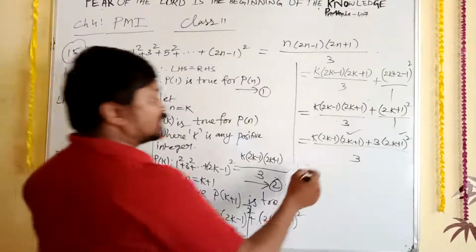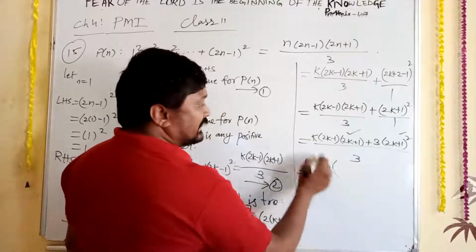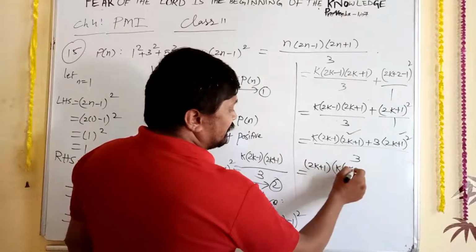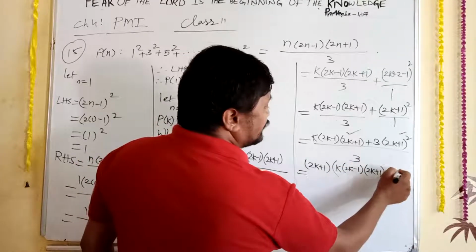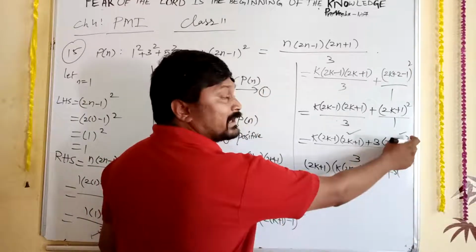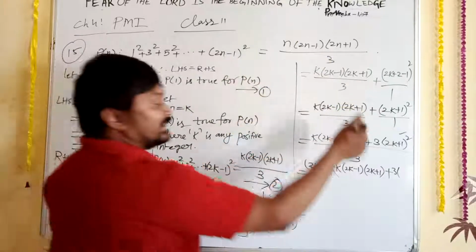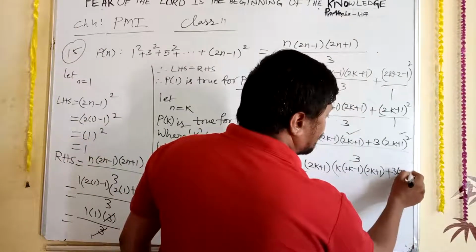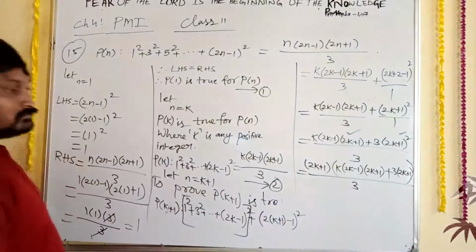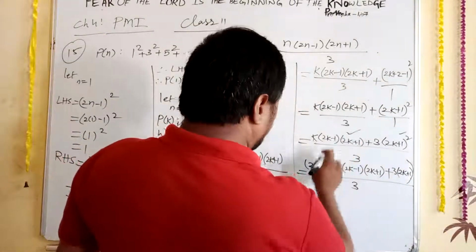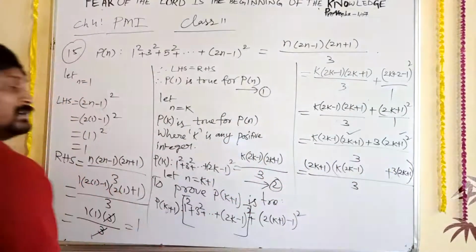So taking 2k plus 1 common, you are going to get k into (2k minus 1) plus 3 into (2k plus 1), because here 2k plus 1 is there 2 times and 1 is your common, so one should remain. So (2k plus 1) upon 3.